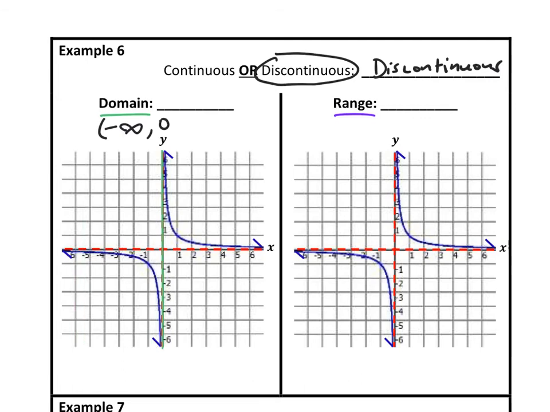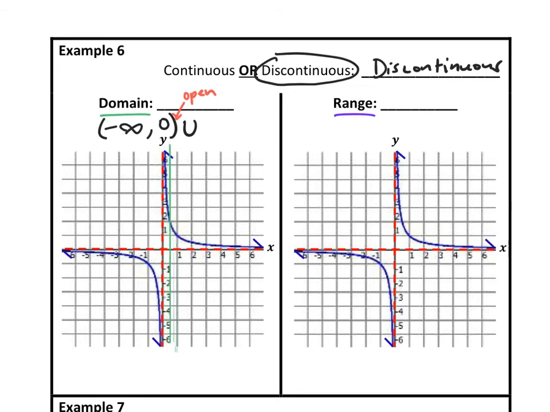Is it open here or is it closed? Remember we mentioned that the graph doesn't touch here. So it's actually open there, so we're going to use parentheses, because it's open. And then we're going to put a U to continue because there's another piece that we need to cover.